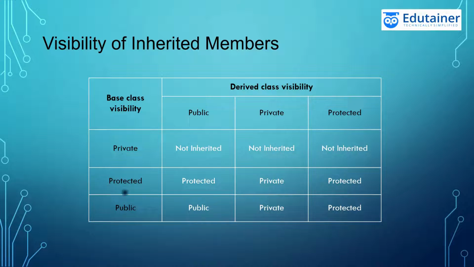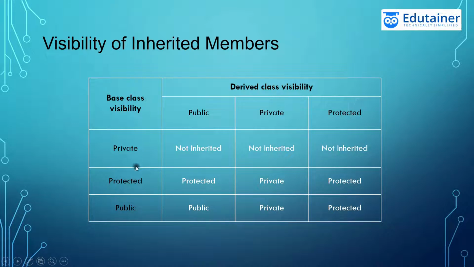Once our base class is protected and the derived class is public, it will work as protected. Similarly, if our derived class is private and our base class is protected, it will work as private. If both are protected, it will work as protected.